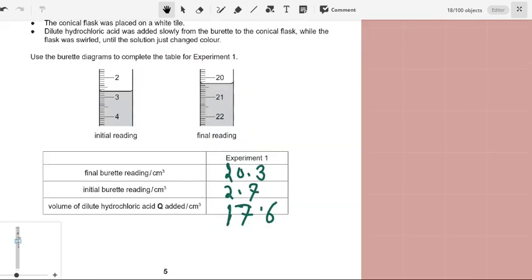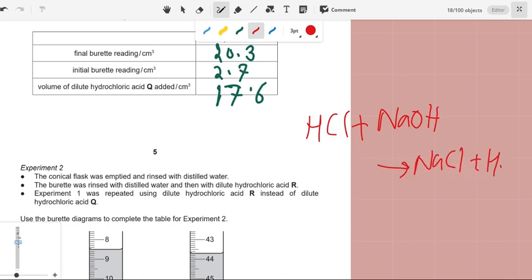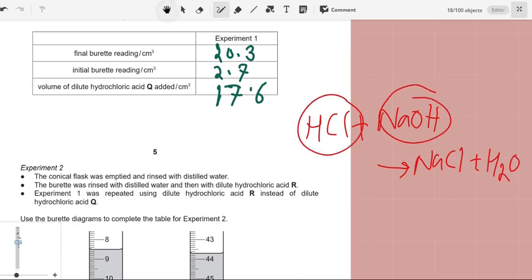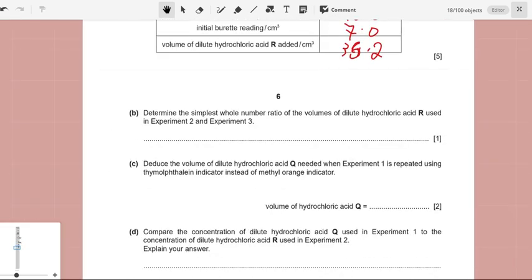You know the equation: HCl plus NaOH gives NaCl plus water. So as you know, for HCl and NaOH the simplest whole number ratio is 1:1. So here you have to write 1:1.